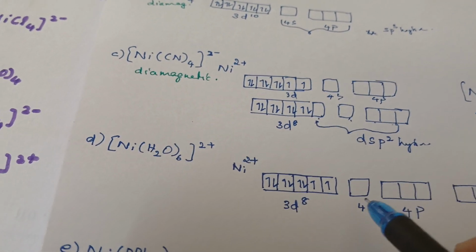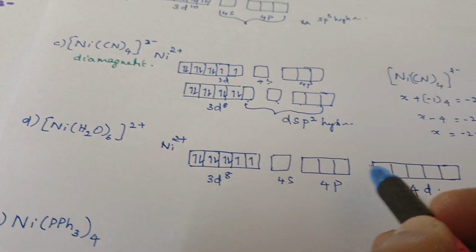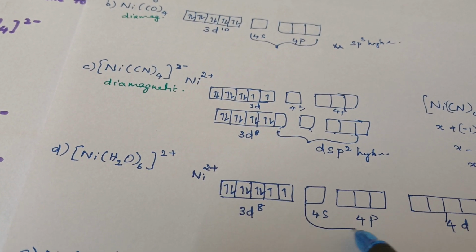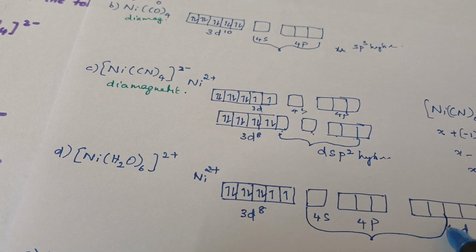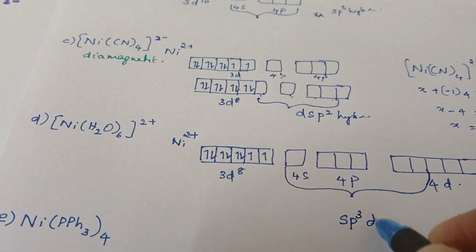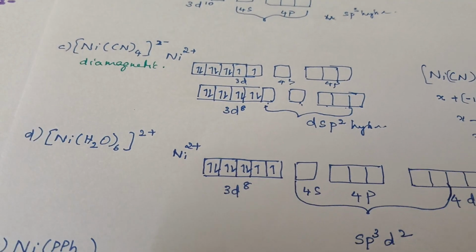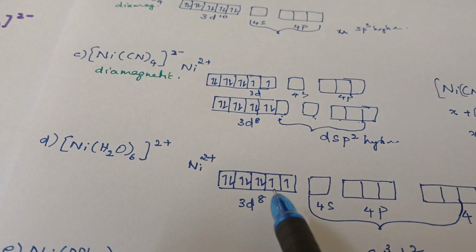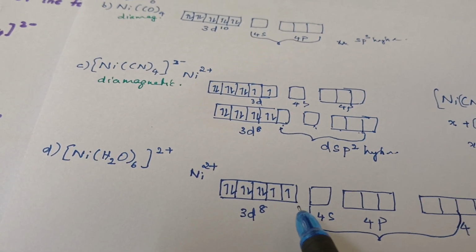So 6, 1 2 3 4 5 6. So it will be sp3d2 hybridization, and there are unpaired electrons.